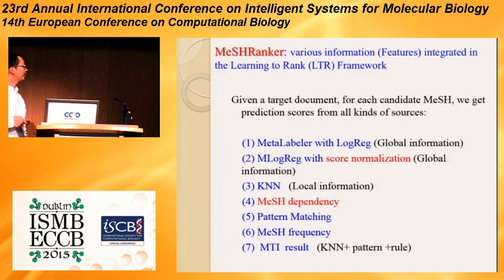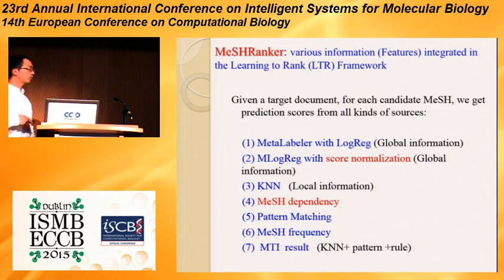So here we list the information we used. First, we also use logistic regression to train the classifier for each MeSH heading. And different from the previous method, we propose a feature-level method to normalize the prediction score, and also use local information from KNN.